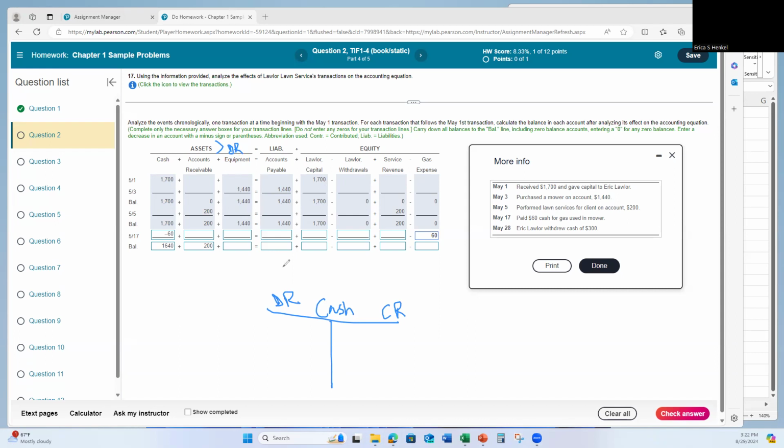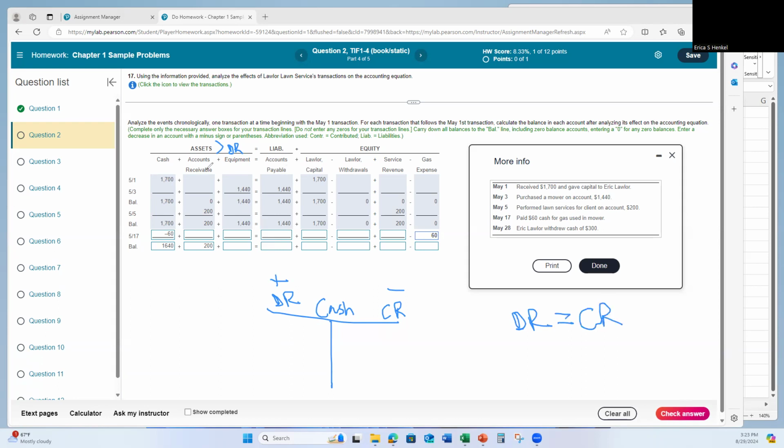Now, what that means is that to increase an asset account, we would debit it. So to increase cash, we would make an entry on this side of a T account, on the debit side. And to decrease a cash account, we would make an entry on the credit side of the account, okay? Now, in every journal entry or every numerical entry we make in our accounting system, the debits have to equal the credits, okay?